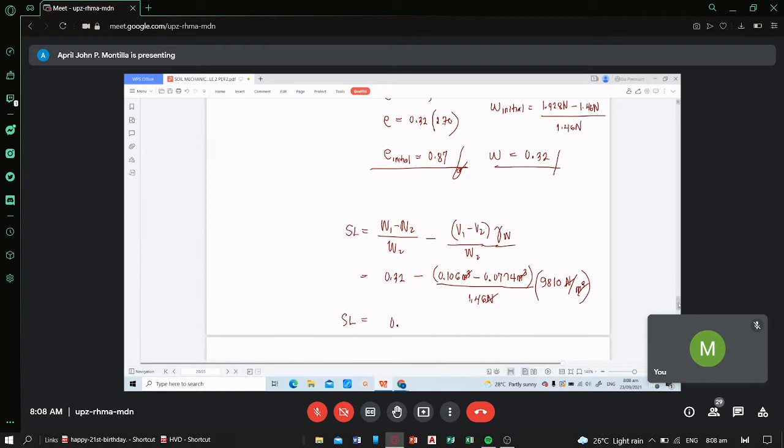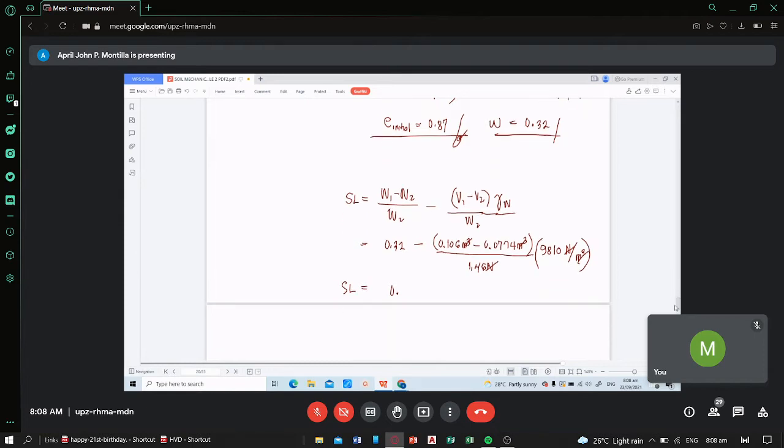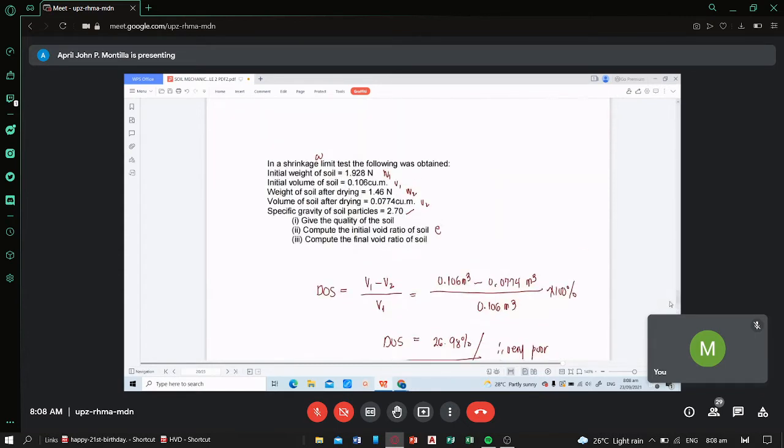Laki naman. Negative 191. Bakit negative? Newtons.